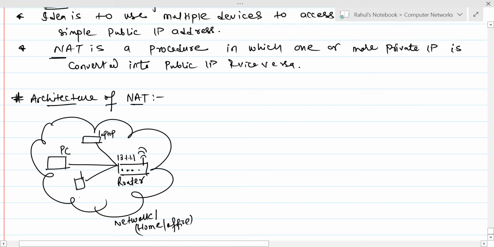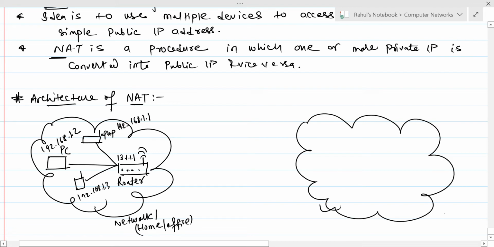The laptop might have the IP address 192.168.1.1, our PC might have 192.168.1.2, and our smartphone might have 192.168.1.3, right?